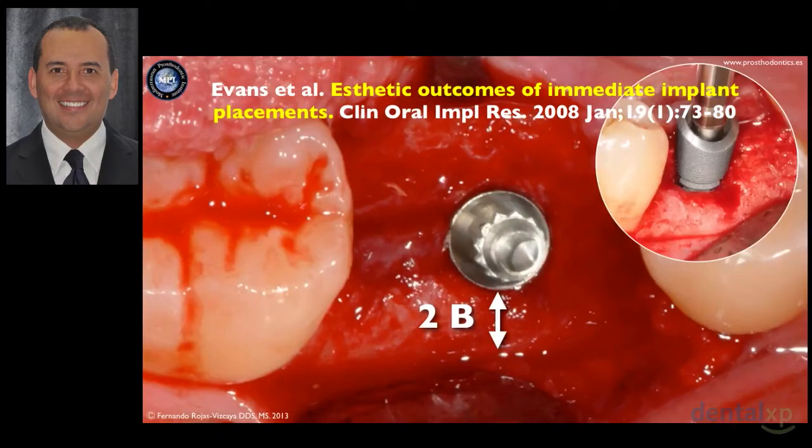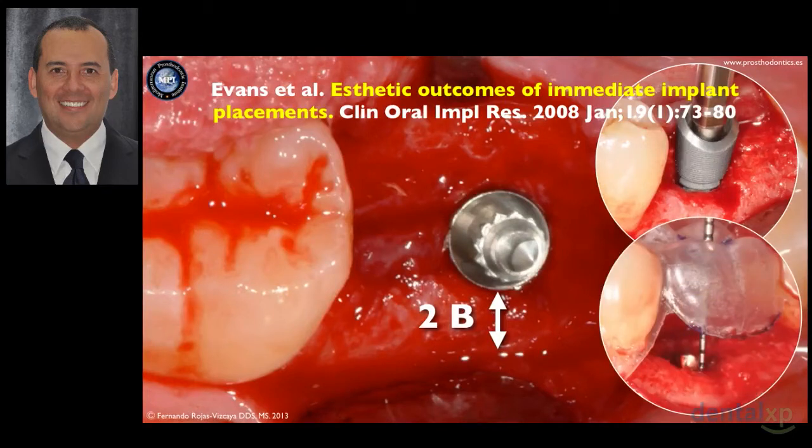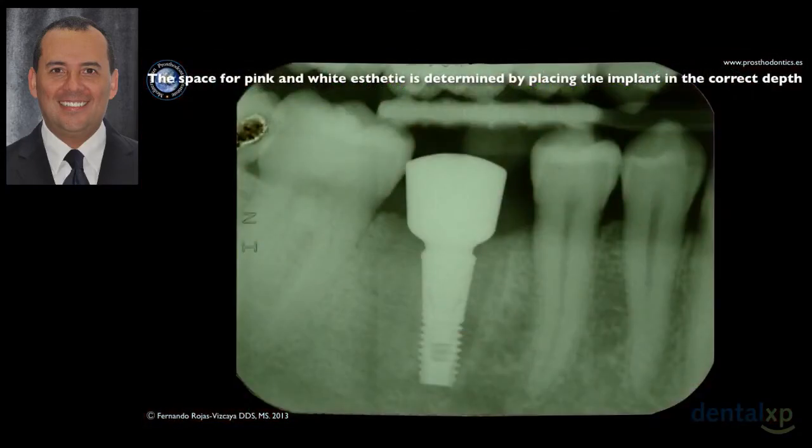Also I can apply the 3A to B rule in implant with different platforms like the profile implant. You can see that also it's possible to place the implant and follow the 3A to B rule. Remember that the space for the pink and for the white aesthetic is determined by placing the implant in the correct depth.